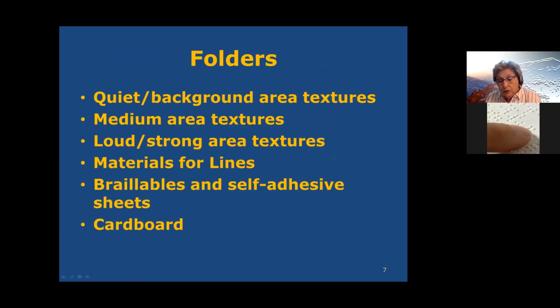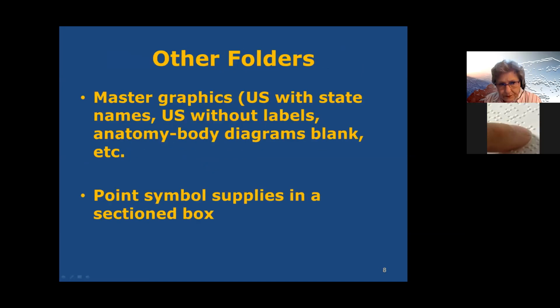So the folders that I have contain textures that are a quiet, soft background for area textures, medium textures, loud or strong area textures, and then I have materials for lines. I have Brailleables, self-adhesive Braille sheets for making labels, and various kinds of cardboard for making different thicknesses of whatever the area is that I'm showing.